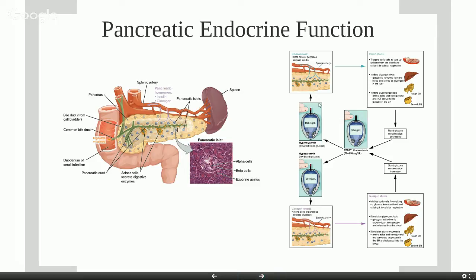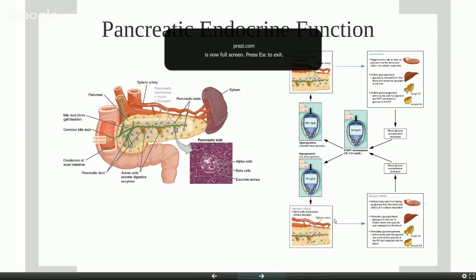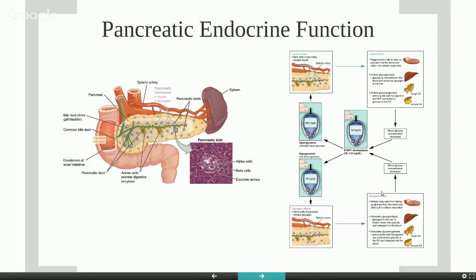Eating. And what are you not doing when glucose levels drop? Eating, which we call fasting. Okay. So when you eat, you're pushing yourself into the insulin side of things, and when you fast, you push yourself into glucagon side of things. Okay. That's a quick little explanation of pancreas function, which I hope covers everything.